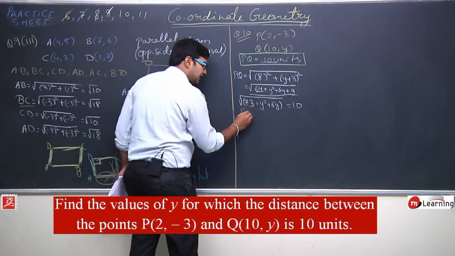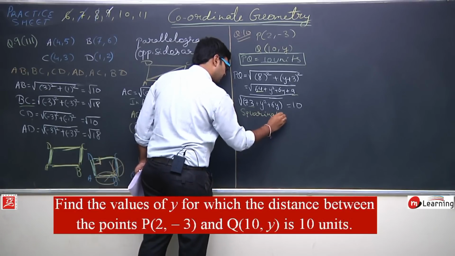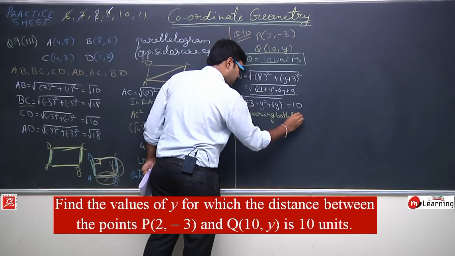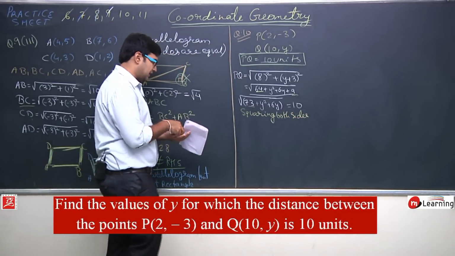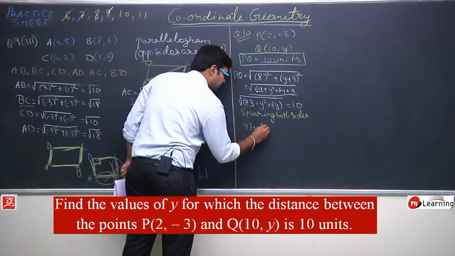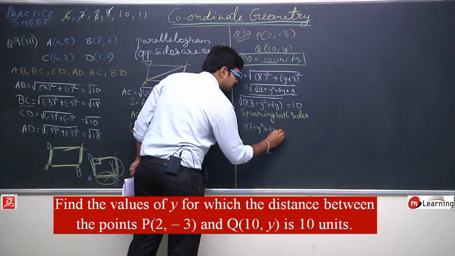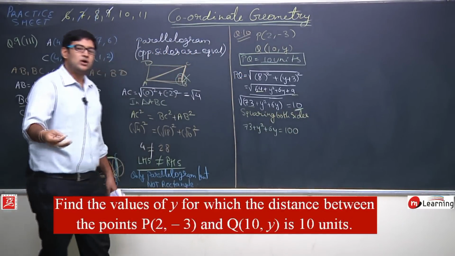By squaring both sides, when you square both the sides, what result will you get? You will get 73 plus y square plus 6y equals 100, because the square of 10 will give you 100.